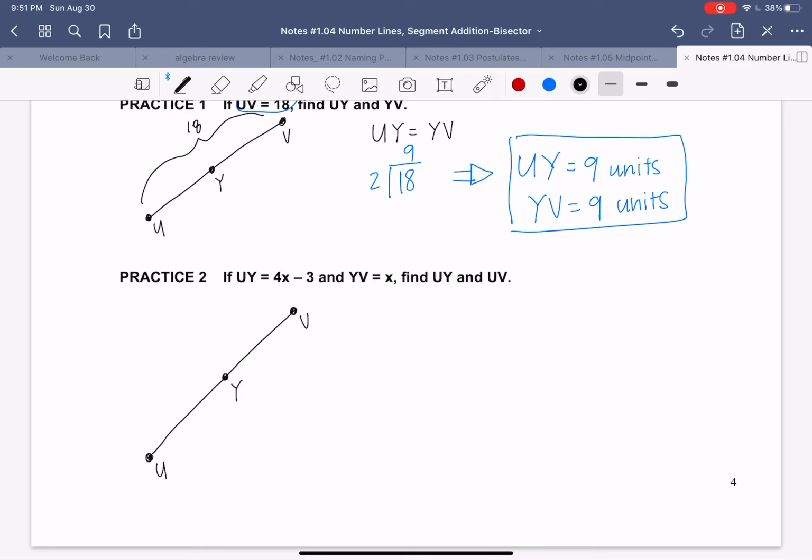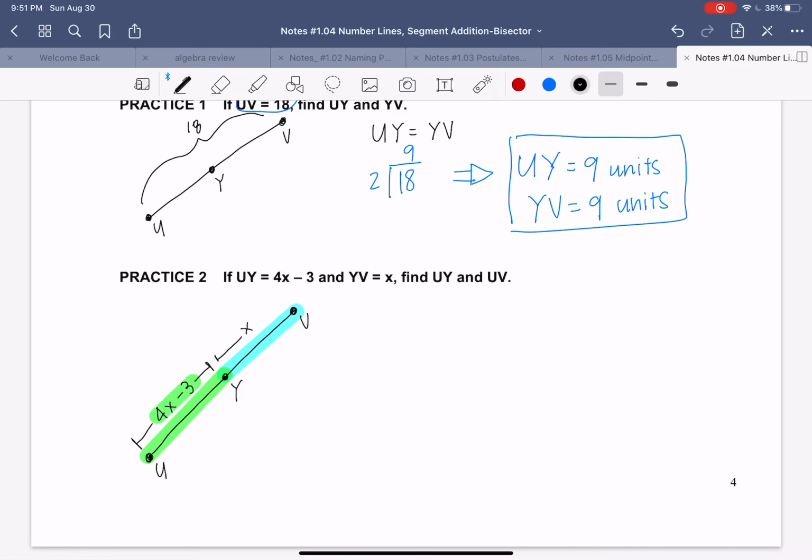So UY is 4x minus 3, from this distance right here. From this distance, it says YV is x.